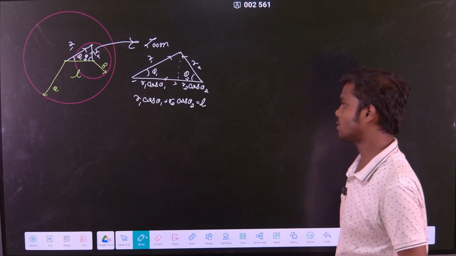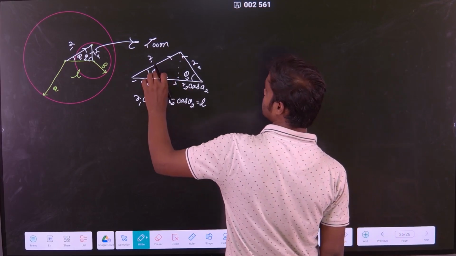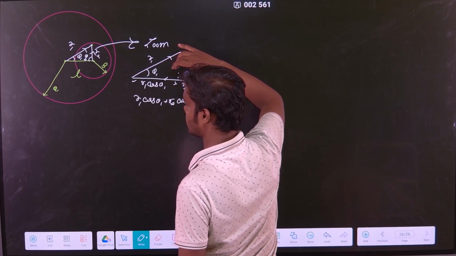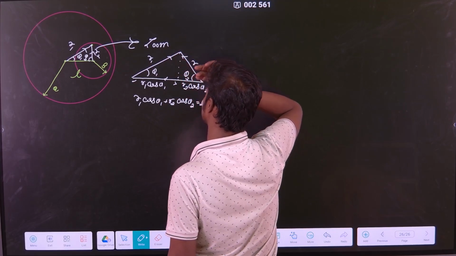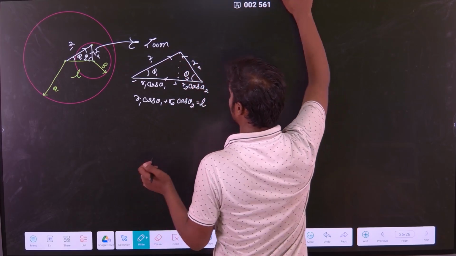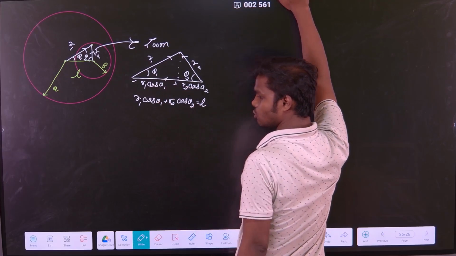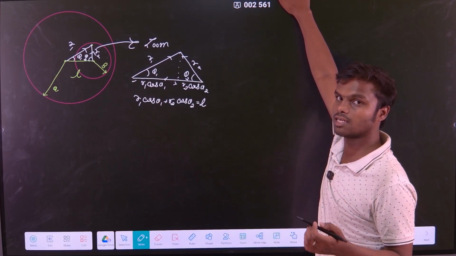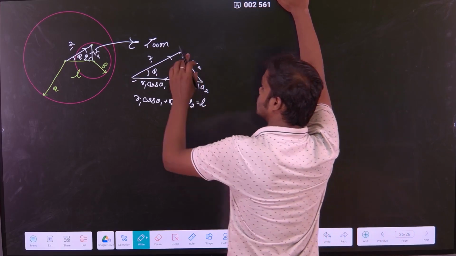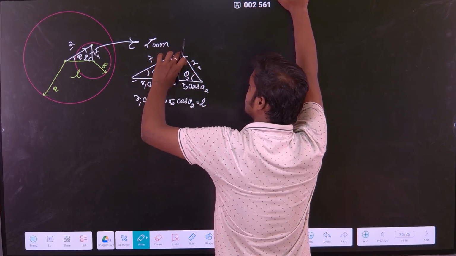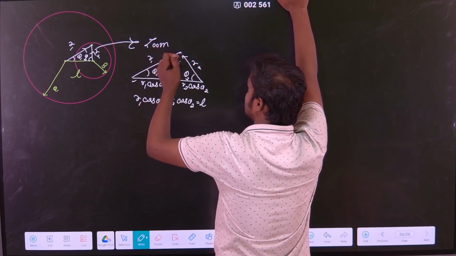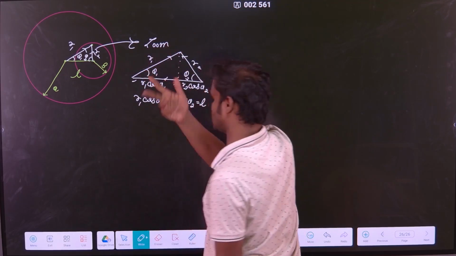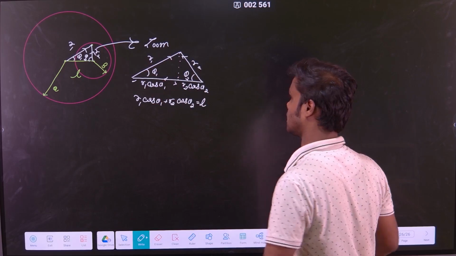Second thing, if you can see properly, this side is common between these two triangles, and this angle is 90 degrees.